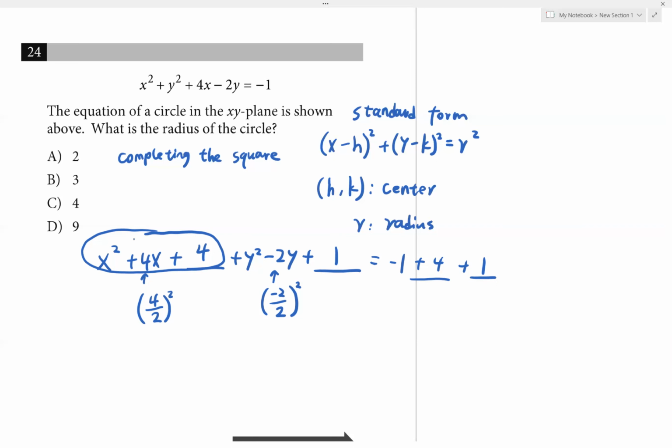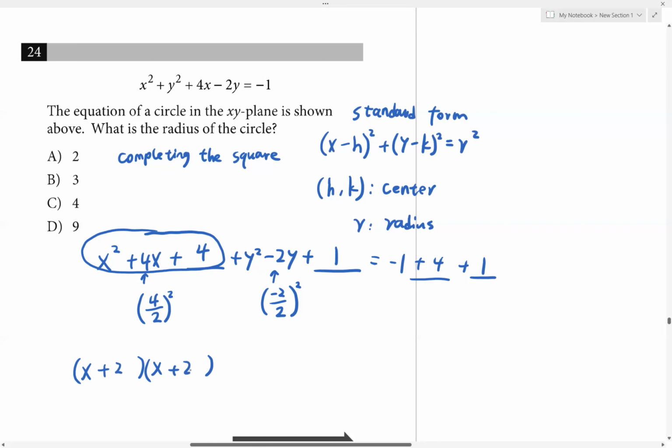When we factor this, the two factors that we get will always be exactly the same. So when we do completing the square, we always get a perfect square trinomial, and when we factor it, the two factors are the same. So x squared plus 4x plus 4 is x and x, and we're looking for two numbers that multiply to be 4 and add to be 4. So it has to be +2 and +2.